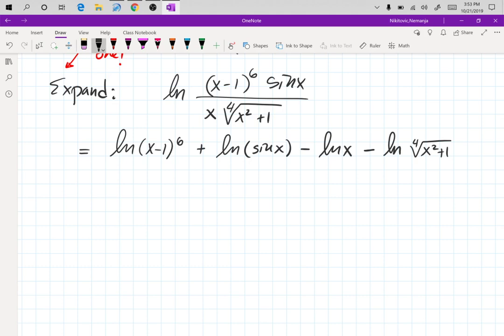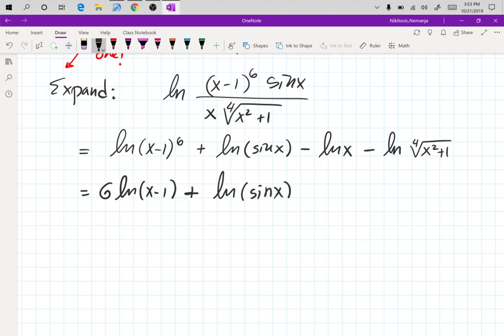So now all I need to do is take those exponents 6 and 1/4, kick them outside, and we're done. So to finish it off, it's 6 ln of x minus 1 plus, there's no exponent on the sine, so just leave it alone.